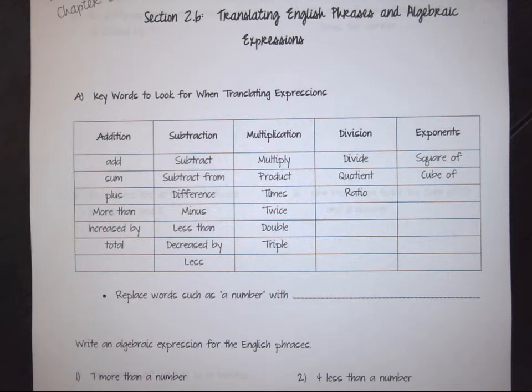So I wanted to look at some keywords and show some examples on how to go back and forth from an English sentence into that algebraic expression or equation that would be used to solve a problem.